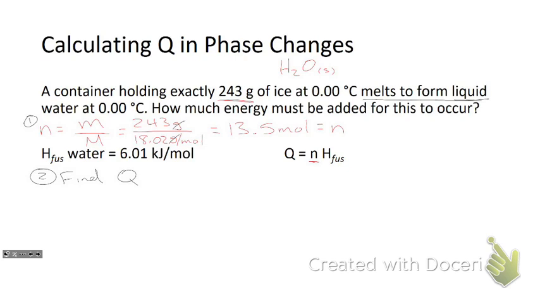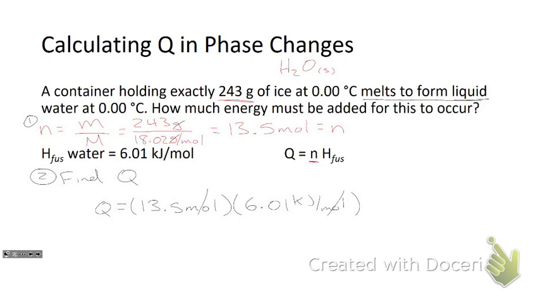Because it's melting, right? Yeah, perfect. We're going from ice to liquid, so we use heat of fusion. Good. So Q is equal to our number of moles, 13.5 moles, multiplied by the heat of fusion of water, 6.01 kilojoules per mole.